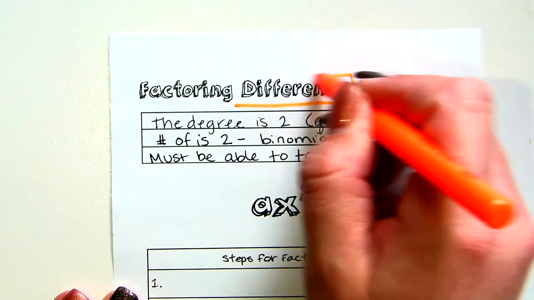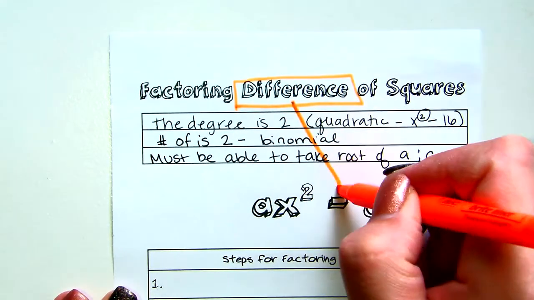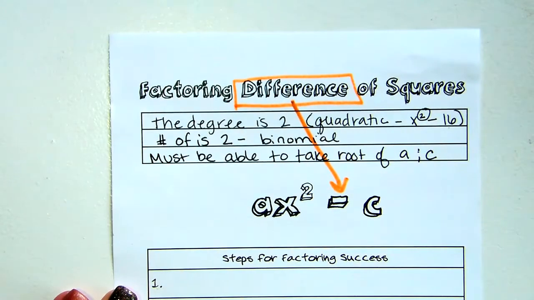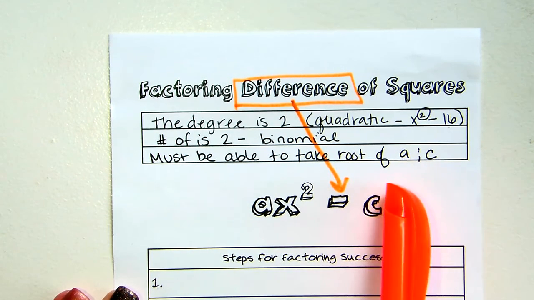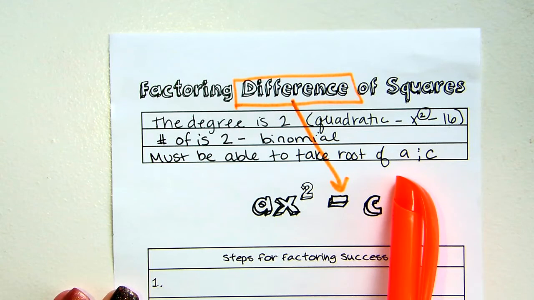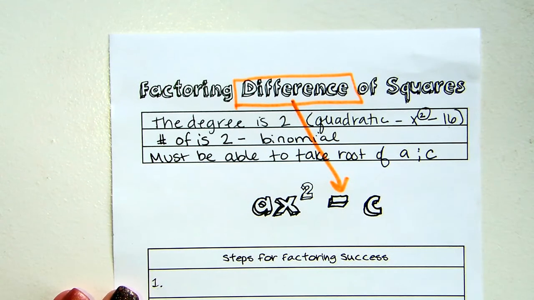When we see this word difference, we're talking about this sign right here, that negative. We need to make sure that that negative sign is there, because we are going to be finding the square root of both the A term and the C term.